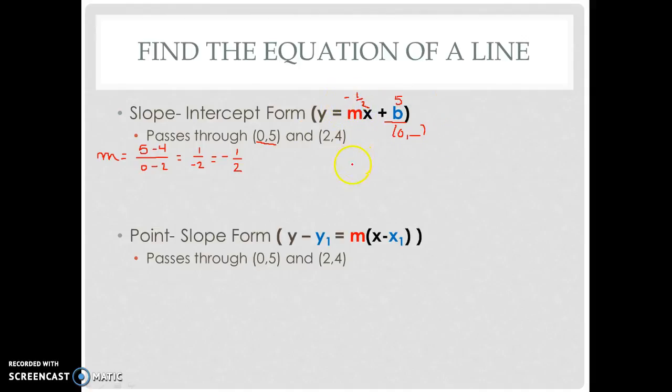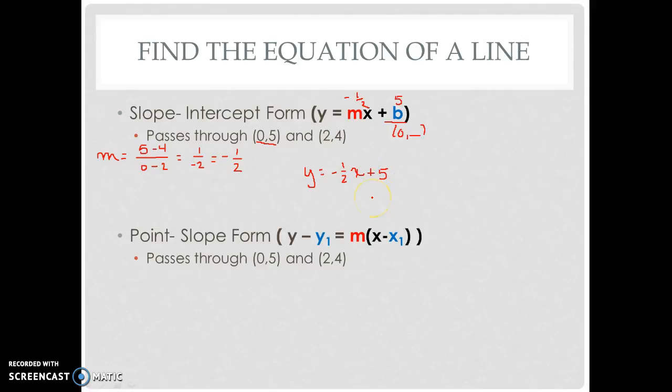So with that, we can now write the equation of our line in slope-intercept form, because we have y equals m, which is our slope, so negative 1/2 times x, and then plus our b value, which was 5.